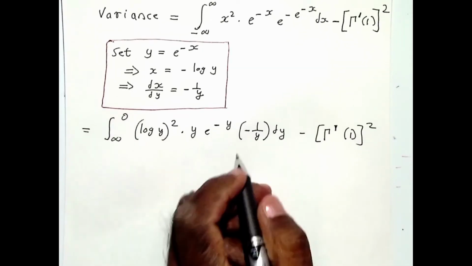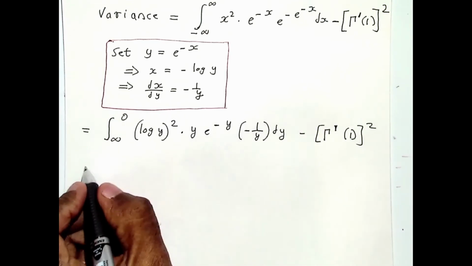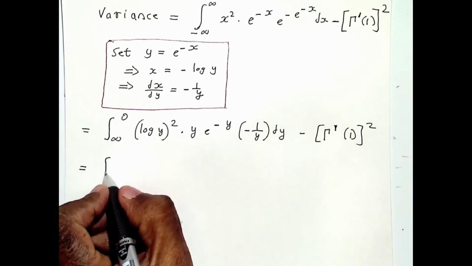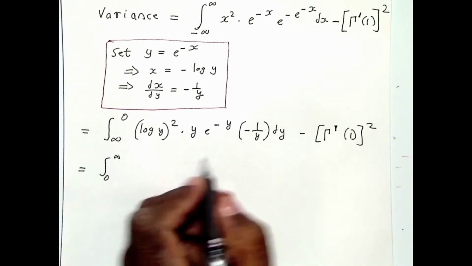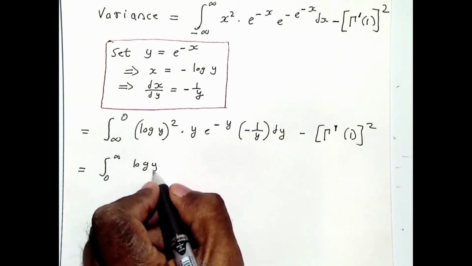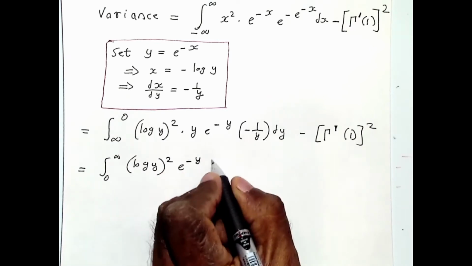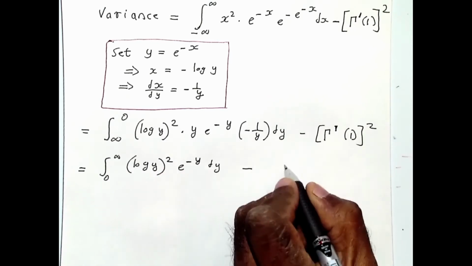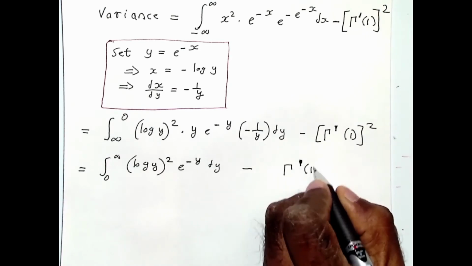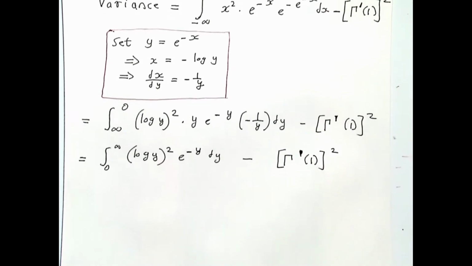Now I'm going to use the negative sign here to switch the limits around. The y and the y cancel, so you get the integral of log of y squared e to the minus y dy minus the square of the mean.